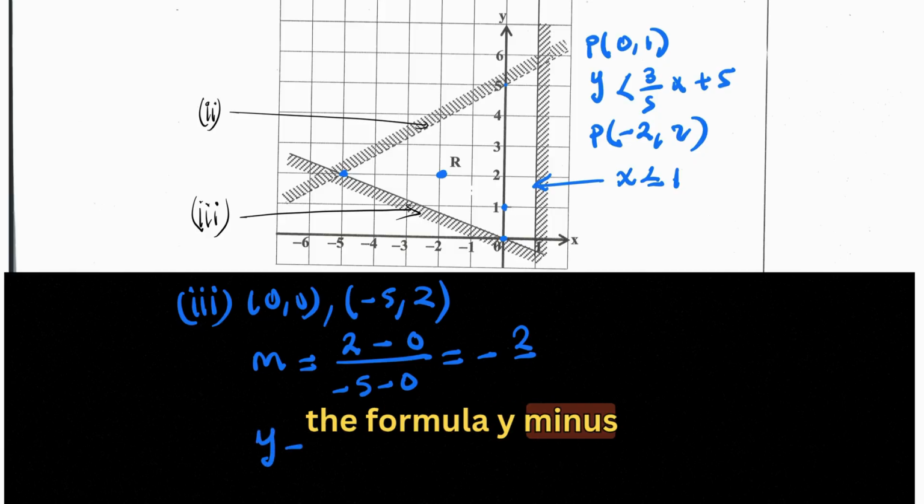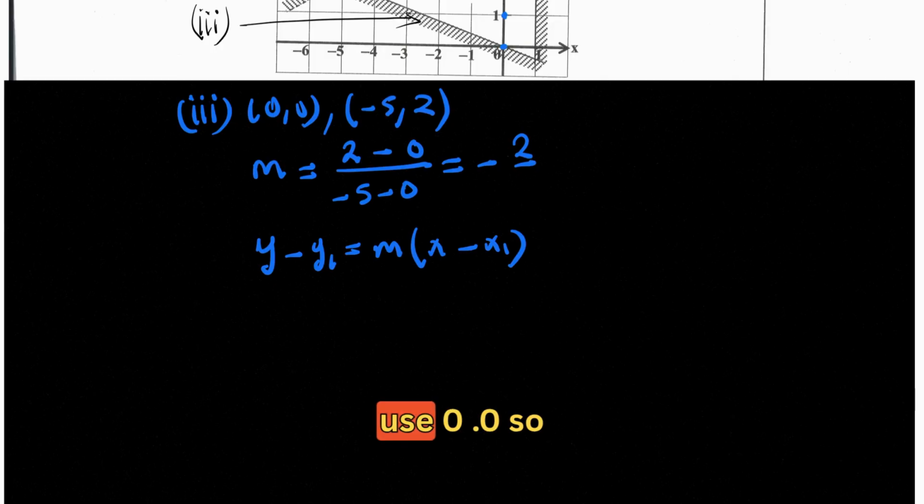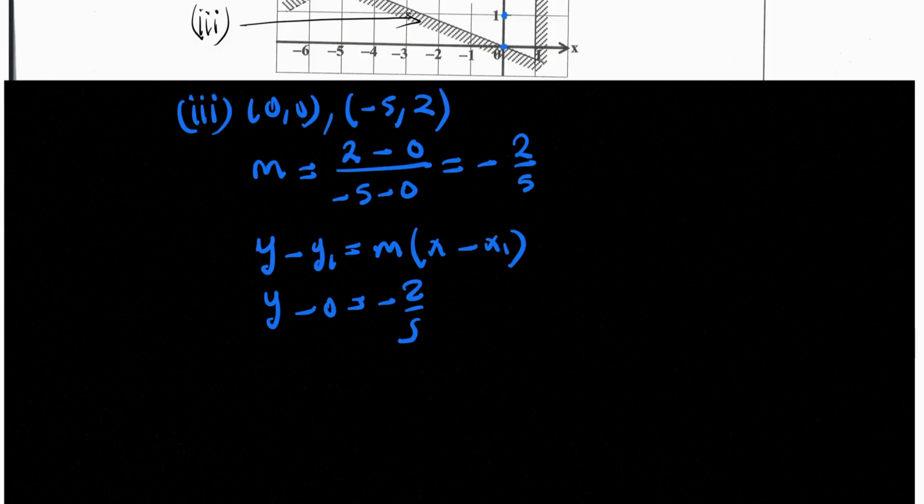Using the formula y minus y1 is equal to m times x minus x1. Let me use (0, 0). So y minus 0 is equal to our slope, negative 2 over 5, times x minus x1, which is 0.